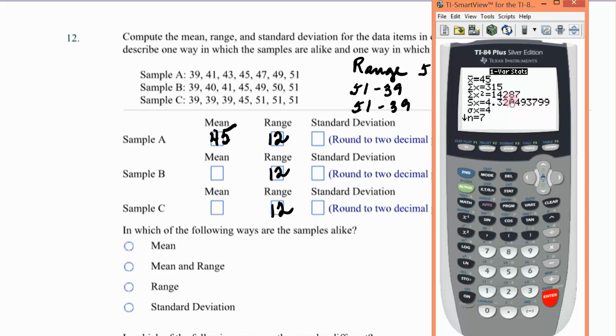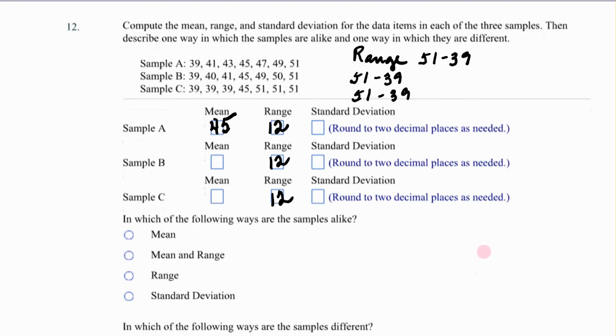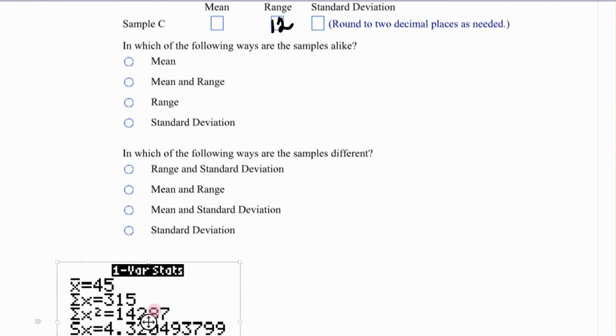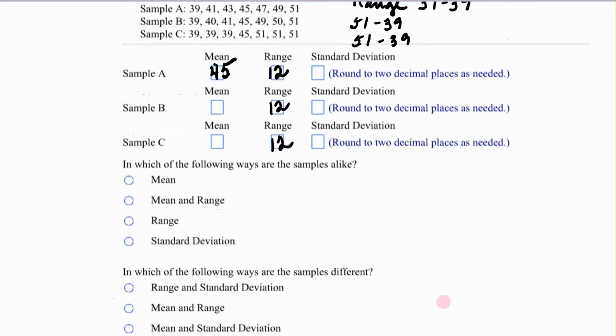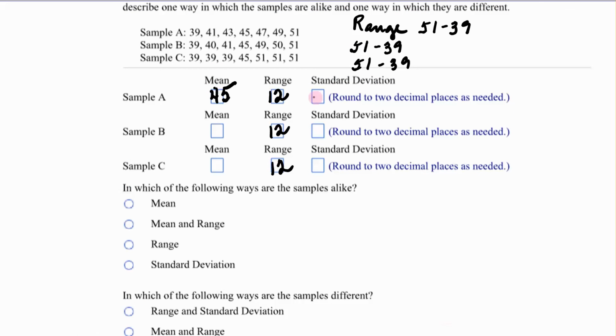It's 4.32, and I'm going to grab this. This is for A. Okay. Now let's look at set B.